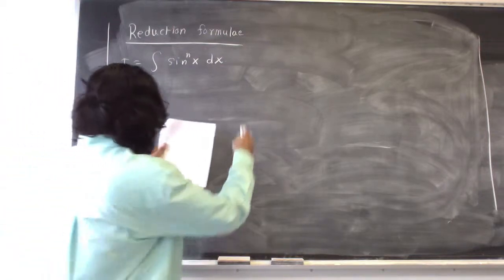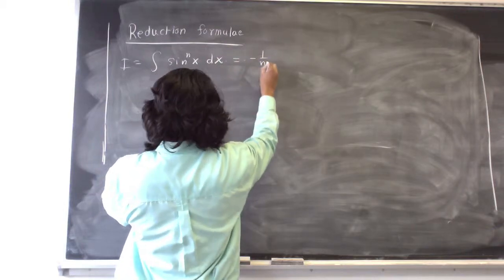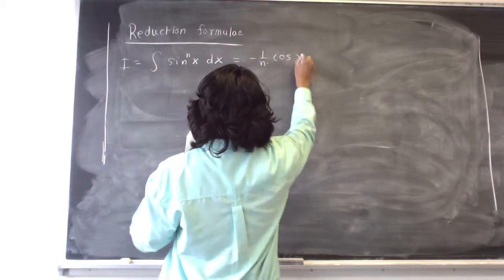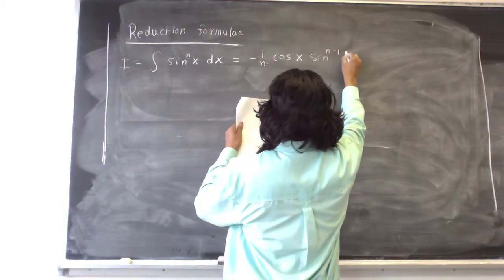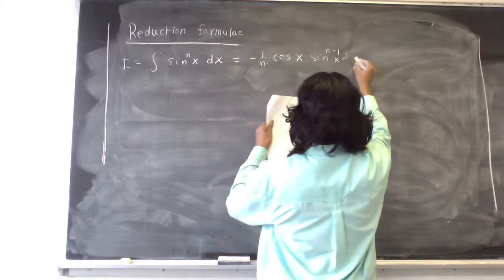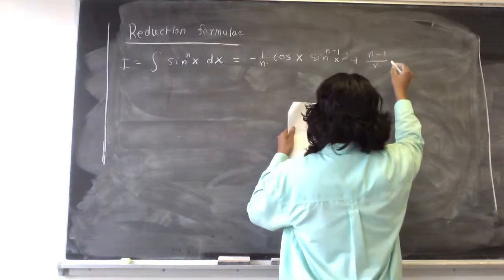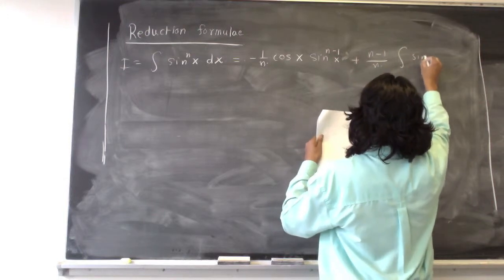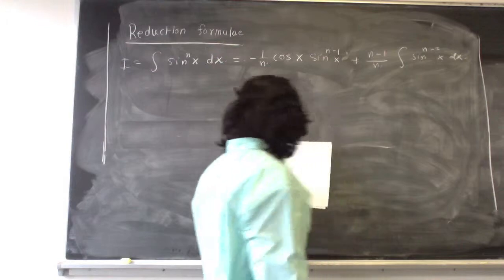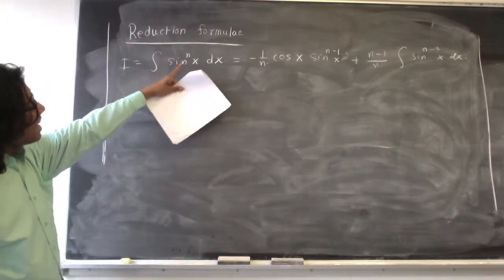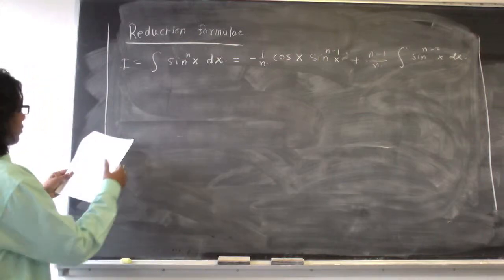And so the question is, prove that this thing is equal to minus 1 over n times cosine of x sine to the power n minus 1 of x plus n minus 1 over n times the integral of sine to the power n minus 2 of x dx, where n is any integer greater than or equal to 2.